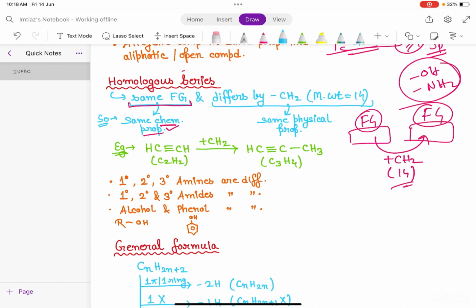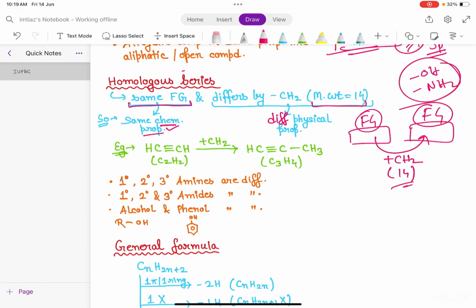Now molecular weight is definitely a physical property. So there is a difference in molecular weight, and there will be different physical properties. Different physical property, same functional group, the same chemical property.